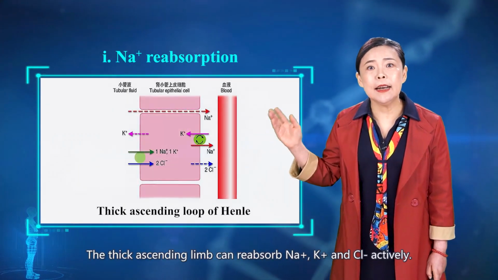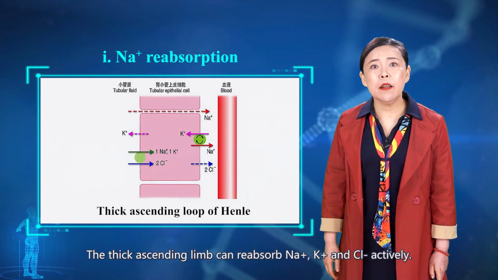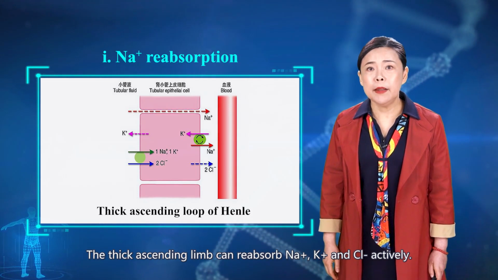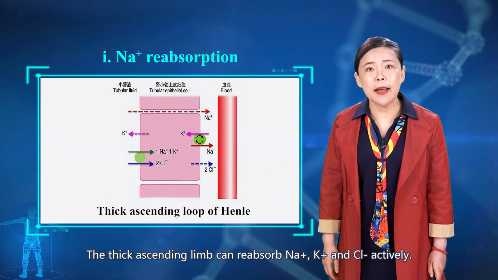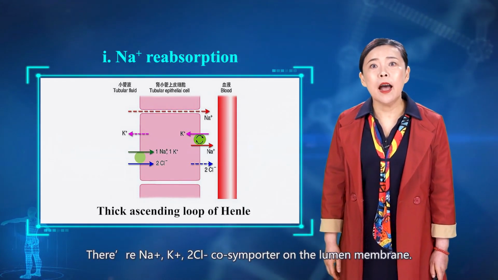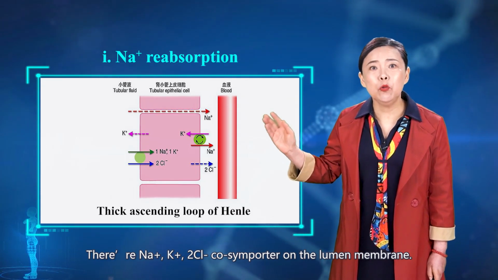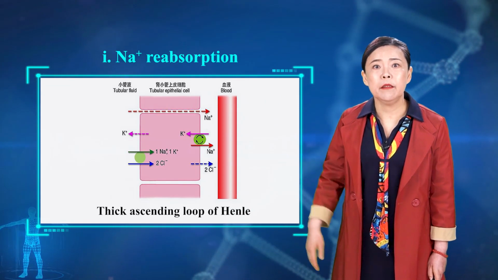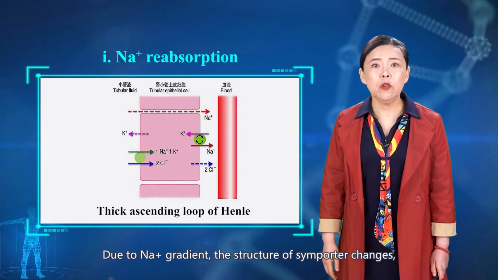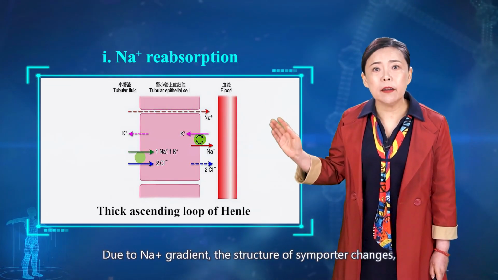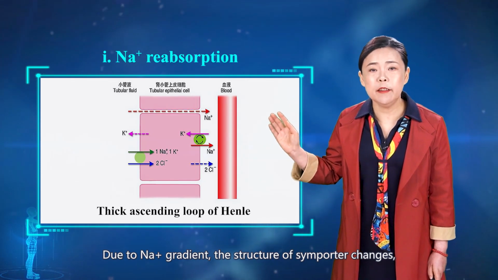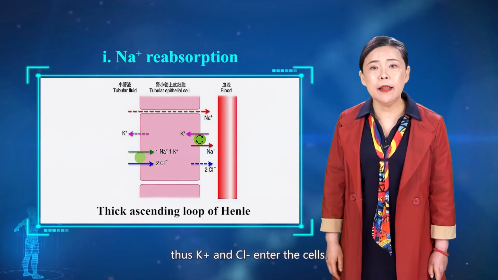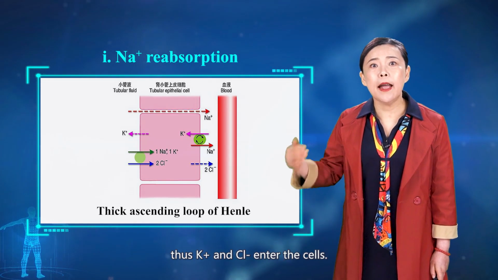The thick ascending limb can reabsorb sodium, potassium, and chloride actively. There is a sodium-potassium-2-chloride co-importer on the lumen membrane. Due to the sodium gradient, the structure of the importer changes. Thus, potassium and chloride enter the cell.